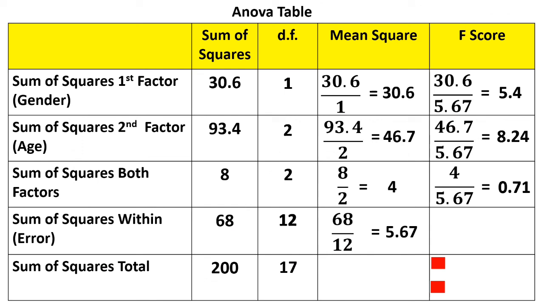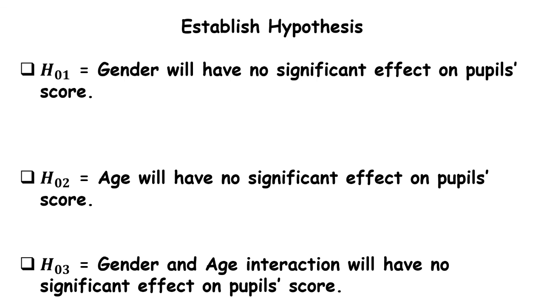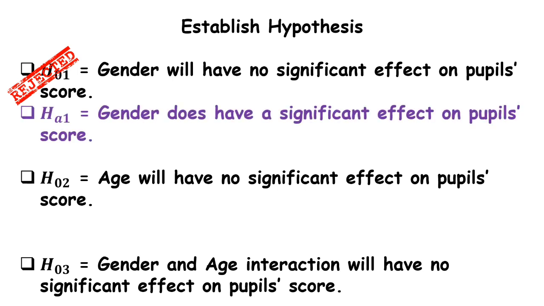So we reject the first two null hypotheses that include the impact of gender and age, but we fail to reject the last one, the interaction of age and gender. So, gender will have no significant effect on student score. Well, it's rejected. Gender does have a significant effect on student score.